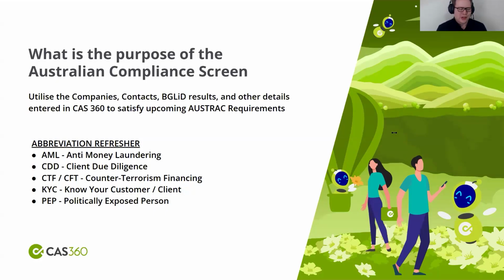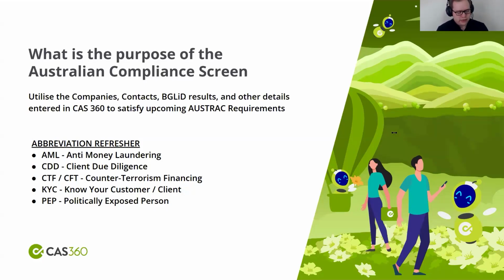We do have an abbreviation refresher here, so we're going through all those terms that we know and love, like AML for anti-money laundering, CDD for client or customer due diligence, CTF, CFT, KYC, and PEP. I'm sure we've heard these a billion times before. However, if you did need a refresher, they are just here in this slide. So I will be referring to these, however, mainly focusing on the software.